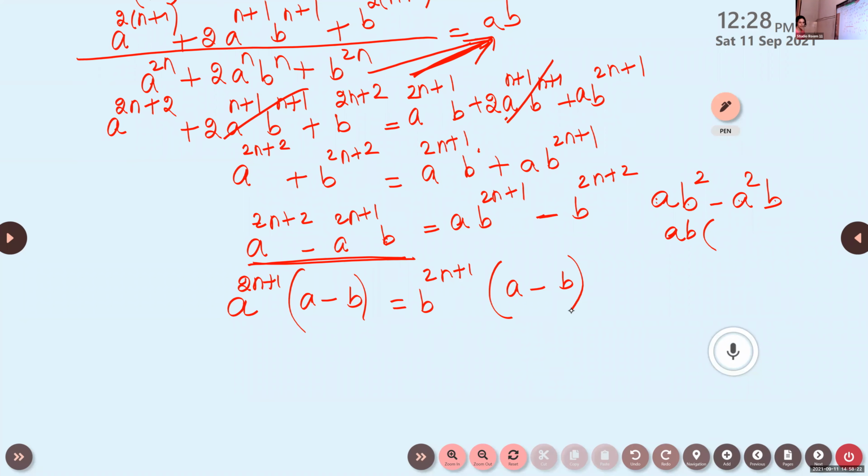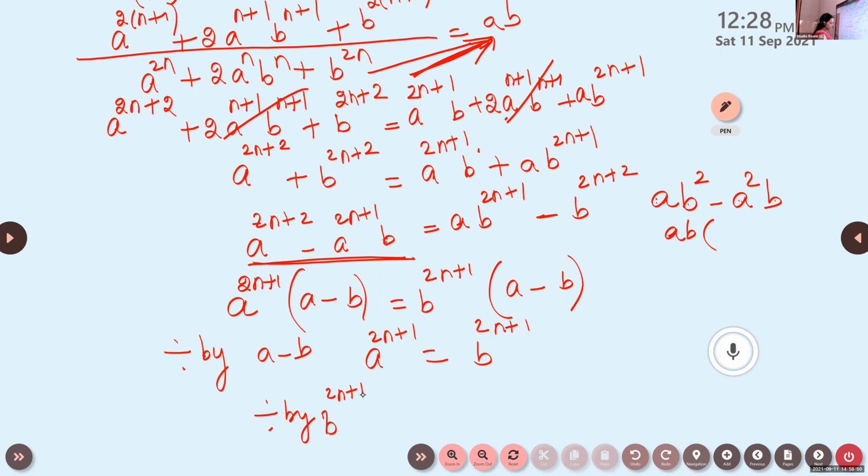Is it okay, Navneet? Yes, ma'am. Renil? Yes, ma'am. Now divide both the sides by a minus b. So we get a raised to 2n plus 1 is equal to b raised to 2n plus 1. Next step, divide both the sides by b raised to 2n plus 1.